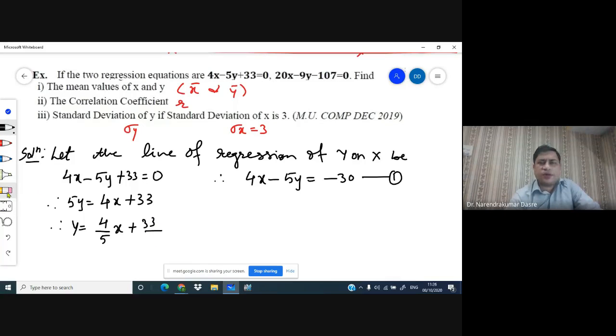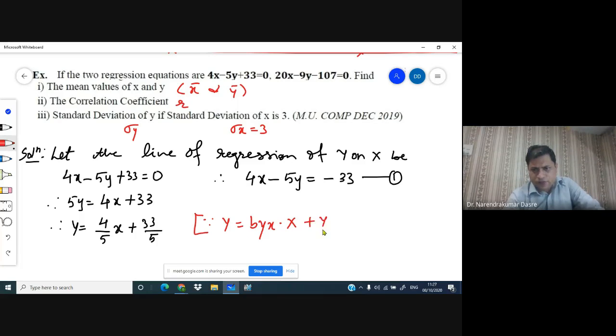So here we need to be careful. Okay. So it is going to be 33 by 5. Okay. And what we know is that the line of regression for y is y is equal to byx into x plus y bar minus byx into x bar.